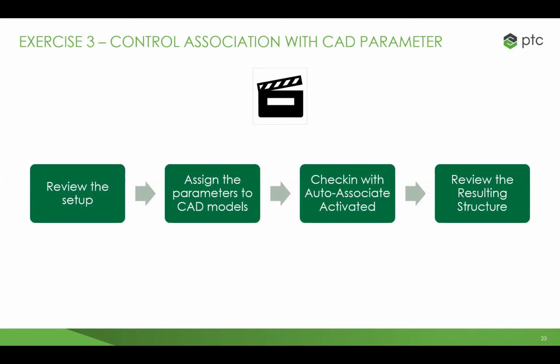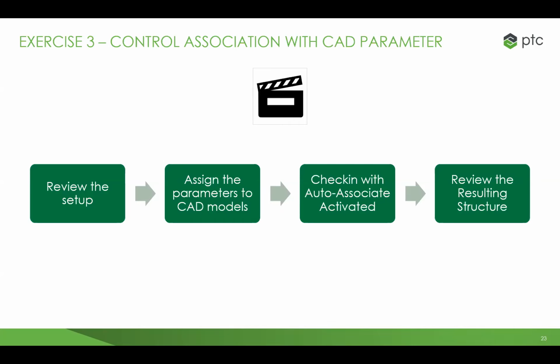We just say it's the preferred way to be able to more easily revert if the save as was not appropriate and so on. So the third exercise is around controlling association with the CAD parameter. With Windchill, we can decide whether or not we want to have a Windchill part created and connected to a CAD model based on a CAD model attribute.